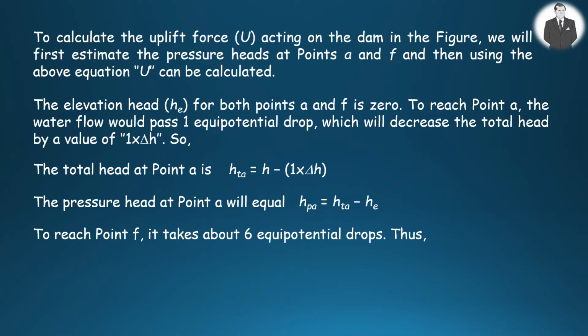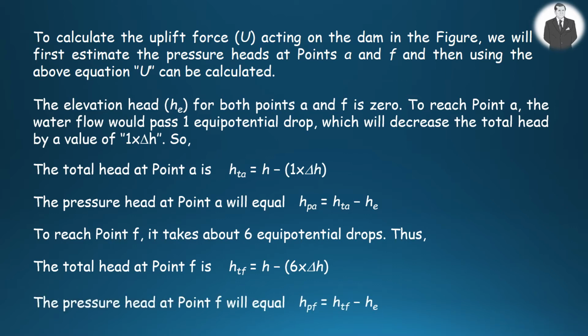To arrive at point F, it takes about 6 equipotential drops. Therefore, the total head at point F is H minus 6 times delta H. The pressure head at point F will equal, in this case, HTF minus HE.